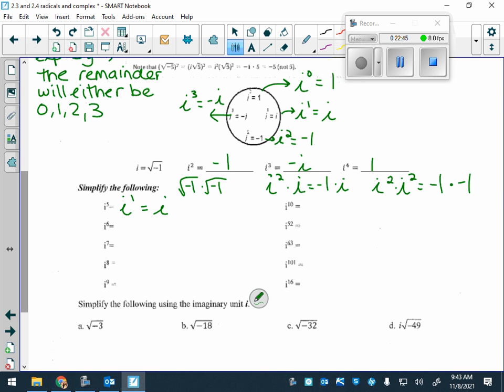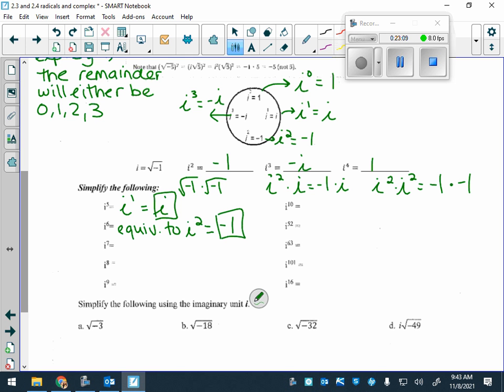Once. How many are left over? 2. So i to the sixth is equivalent to i squared, which is what? Negative 1. So this equivalent piece, do you always have to say it? No. You could just give me what it is. It could be 1, i, negative 1, negative i.